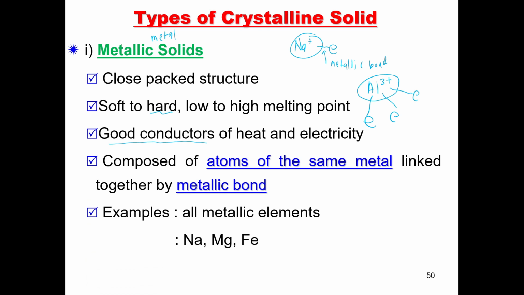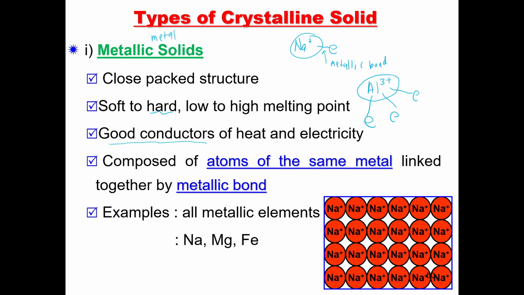When this bonding is arranged in a closely packed way, we call it metallic solid. Remember this, the sea of electrons.